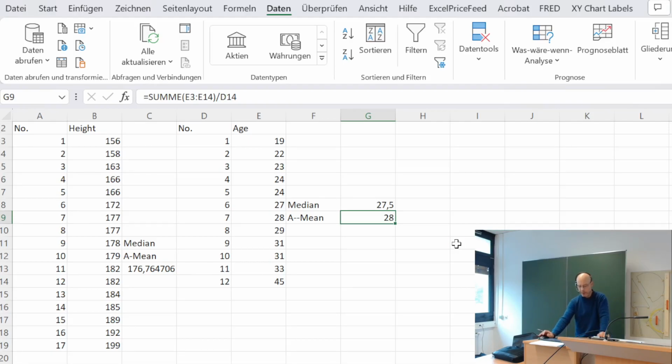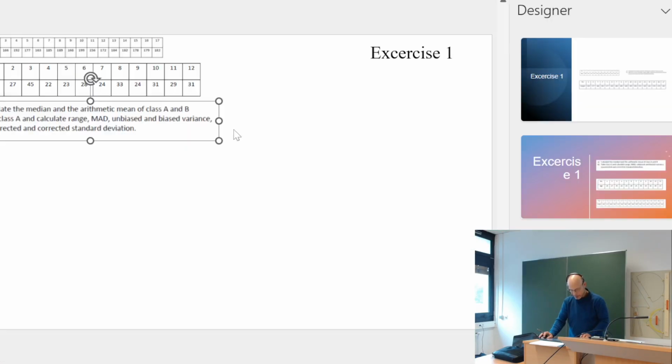And there, of course, you see again that these two numbers differ a little bit. So what else? And we could directly take this for A.